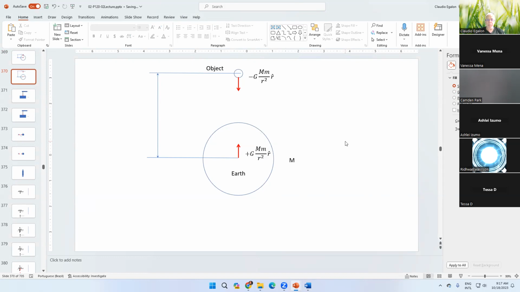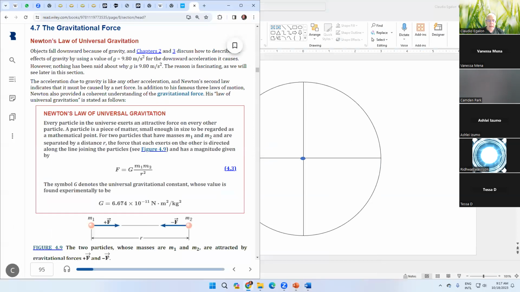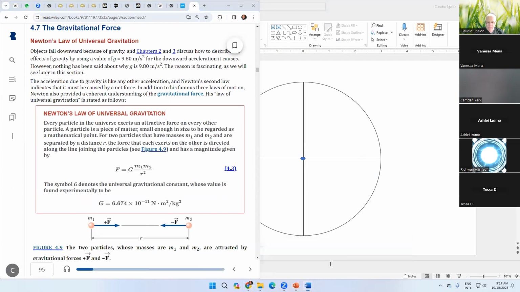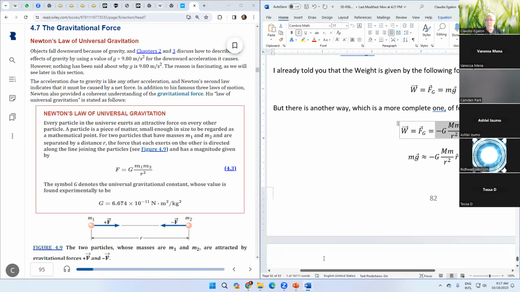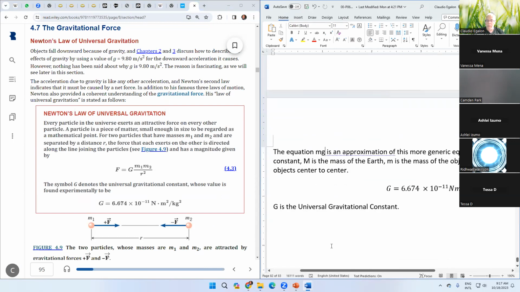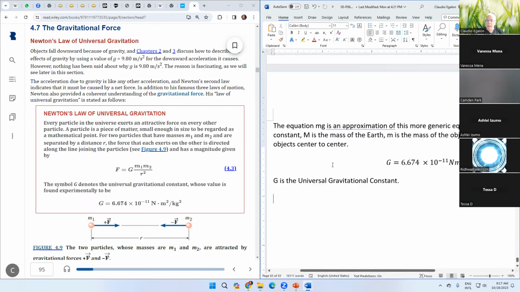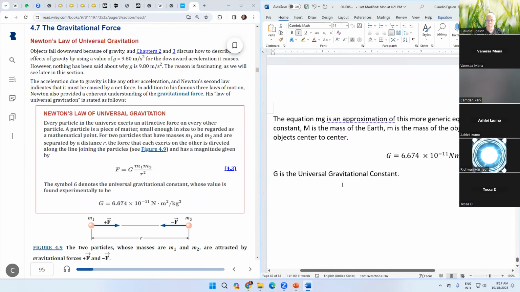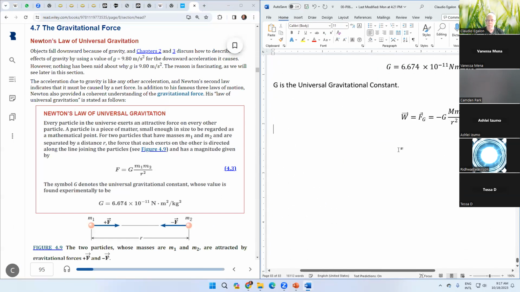Okay, the magnitude, I'm going to write that down in terms of the magnitude of this force.